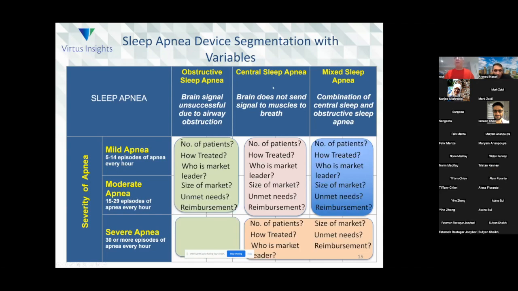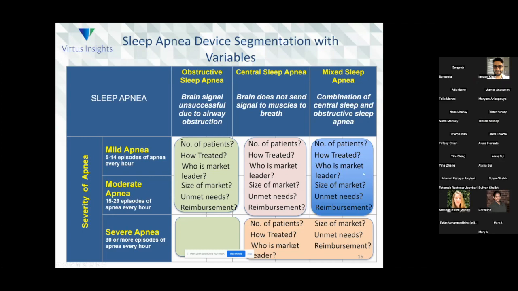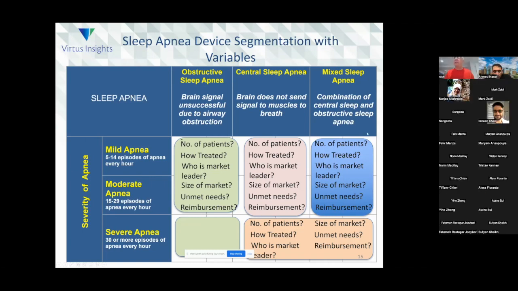Central sleep apnea is different. This quite often may require other interventions, including medication, possibly, and same with mixed sleep apnea. There could be, but because mixed includes obstructive and central sleep apnea, there may be an opportunity here.